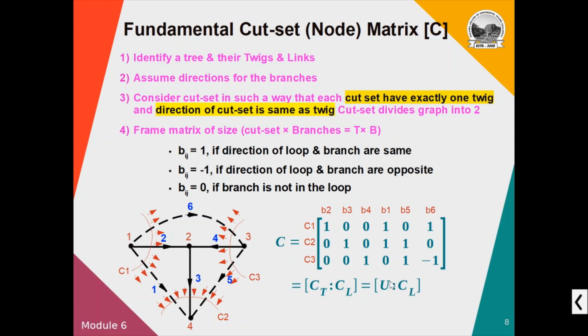So now we have seen three matrices A, B, C. A is the incidence matrix, B is the tie set matrix, and C is the cut set matrix.